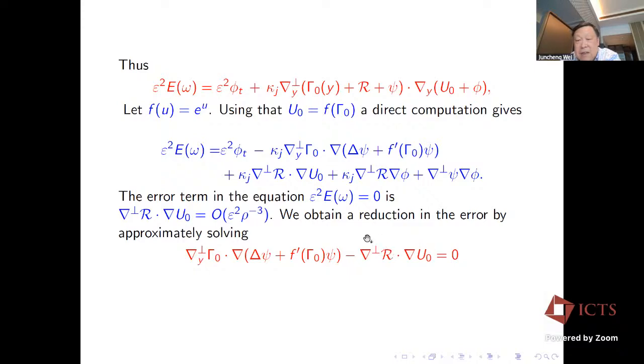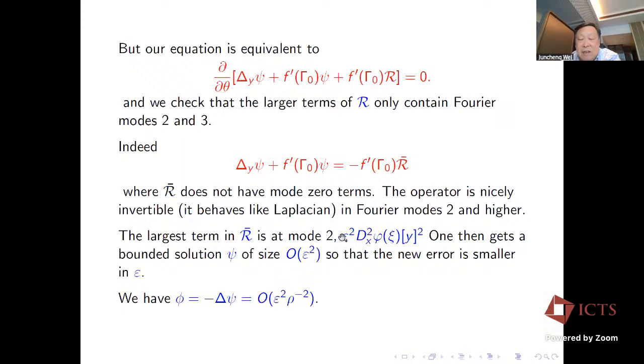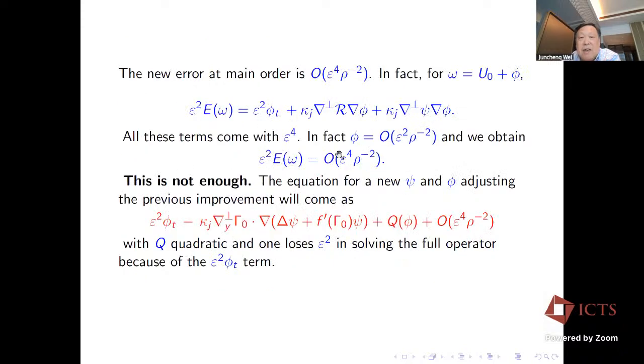Okay? And fortunately, in the first error we don't have a radial component, and so we can still solve. We should get a mode 2 and 3, and we can improve. And so we get the next order will be epsilon to the 4. Okay? But this is not good enough.